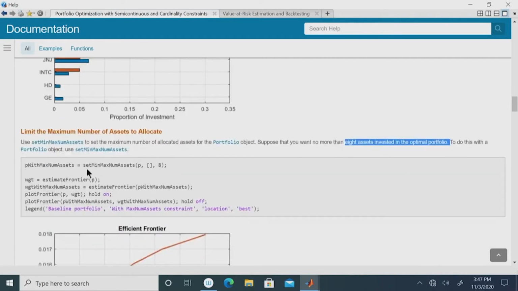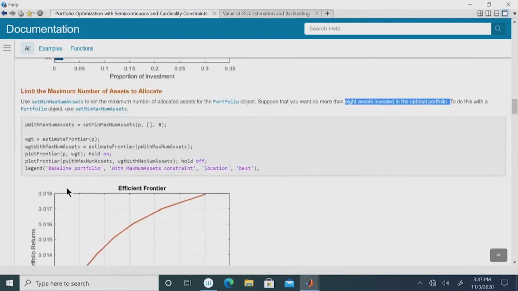Then what you do is set the min max number of assets on the portfolio object P, set equal to 8, and this is assigned to the variable P with max number of assets. Now you develop 2 efficient frontiers.